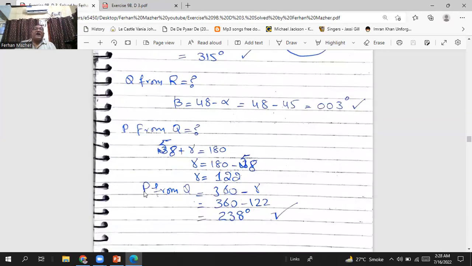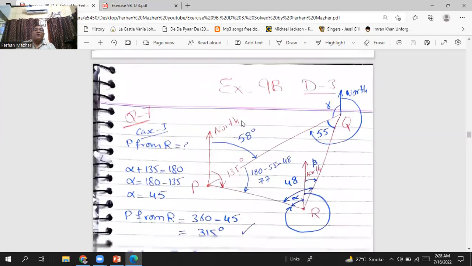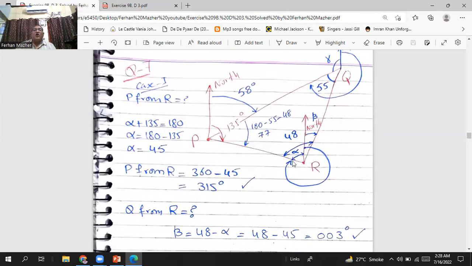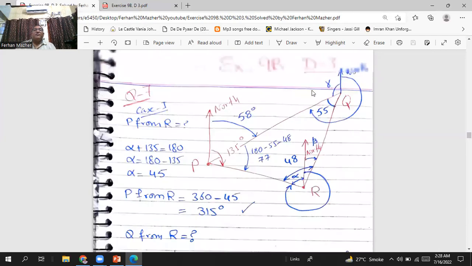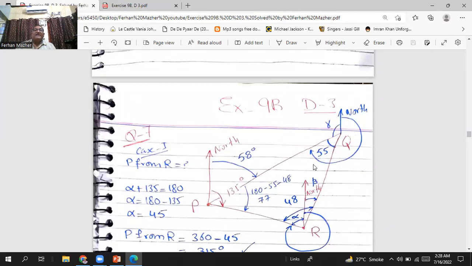Then their question is find the bearing of the P from the Q. Basically they want me to find out this angle. On the Q you draw a north, from that north go clockwise to the QP line. That will be the bearing of the P from the Q. Let me call this angle gamma.